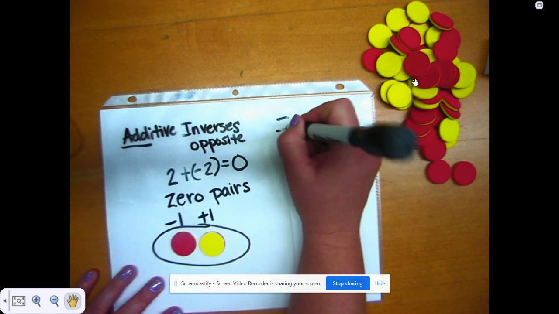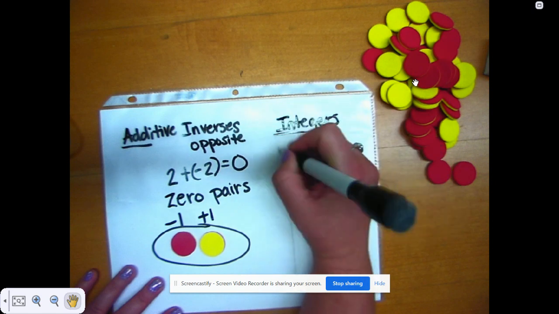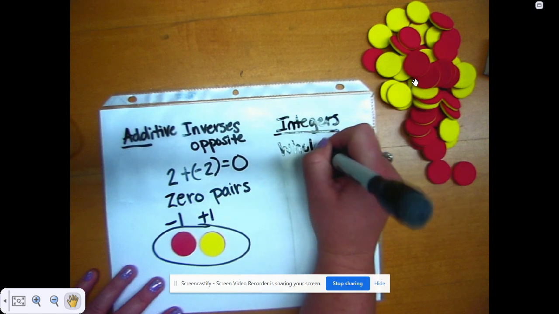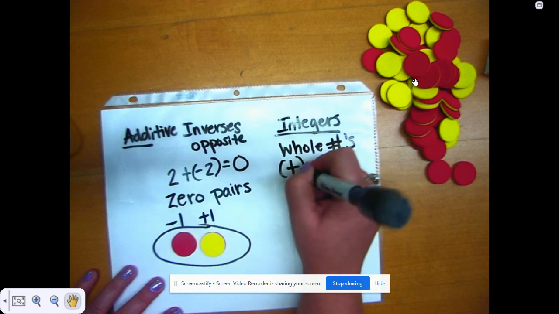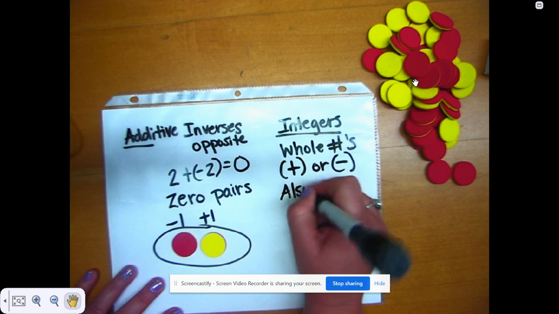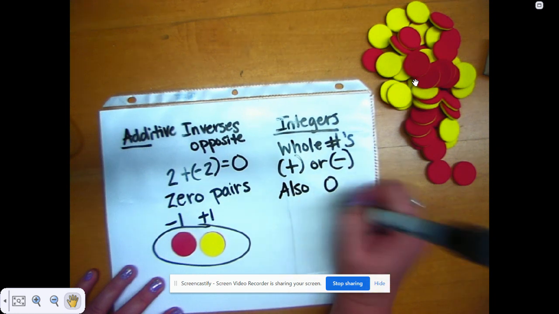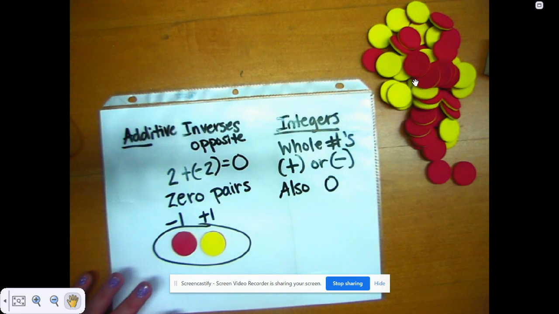Remember, integers are whole numbers that are positive or negative, and it also includes 0.